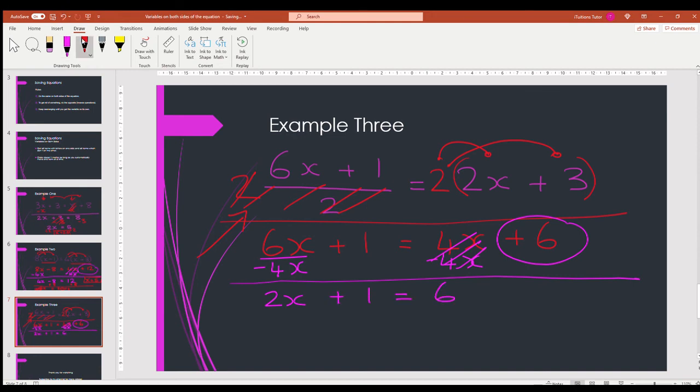Get rid of the 1. Minus 1 cancels out. Minus 1. We've got 2x equal to 6 take away 1, which is 5. Get rid of the 2, so divide it by 2. This cancels out. Divide this side by 2. x is equal to 2.5.